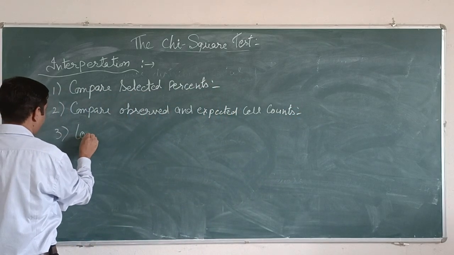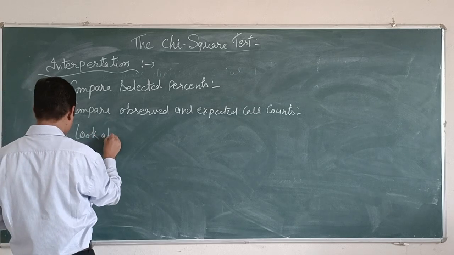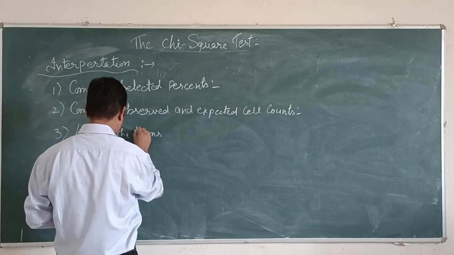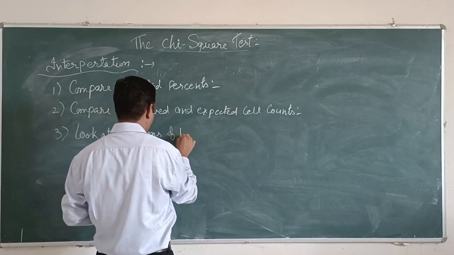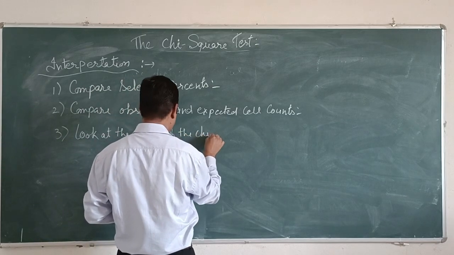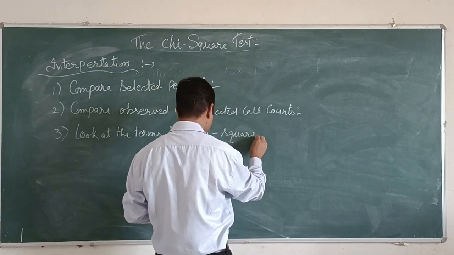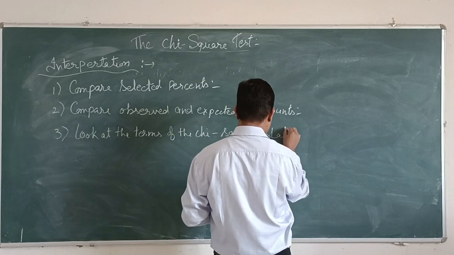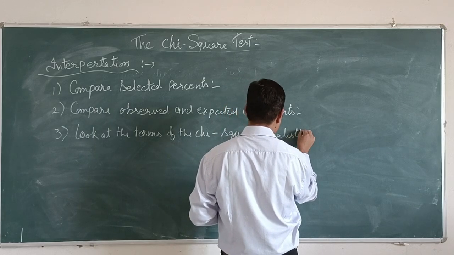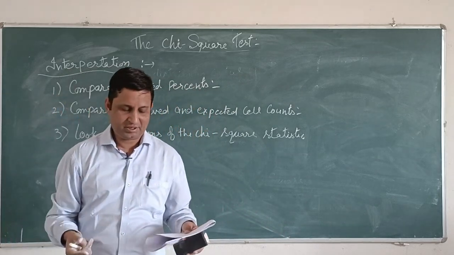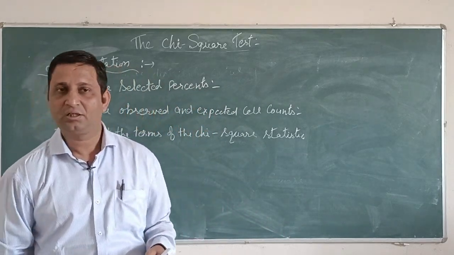The third one is to look at the terms of the chi-square statistic. Okay, so we can already say that there are three ways to look at the data.